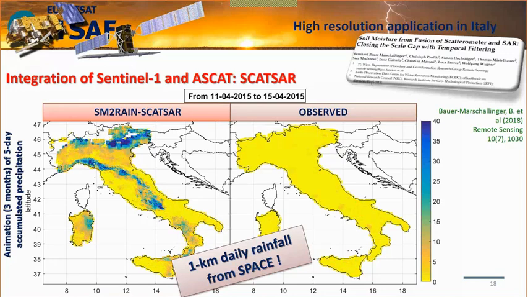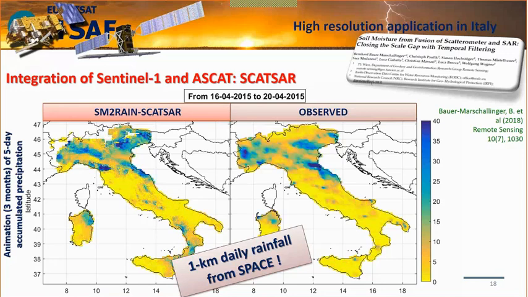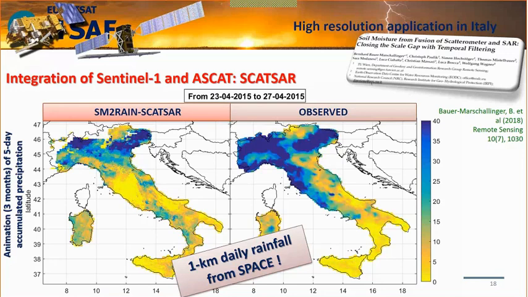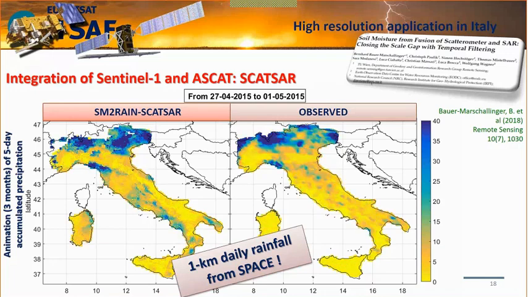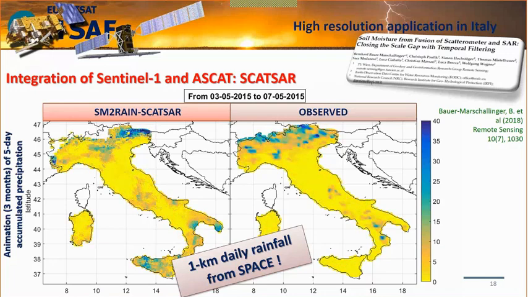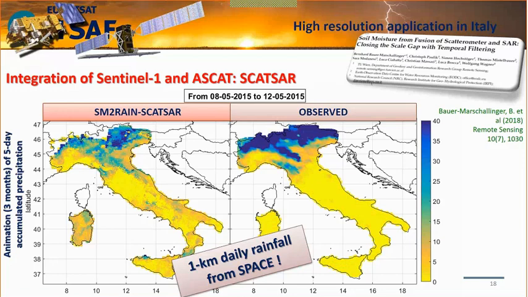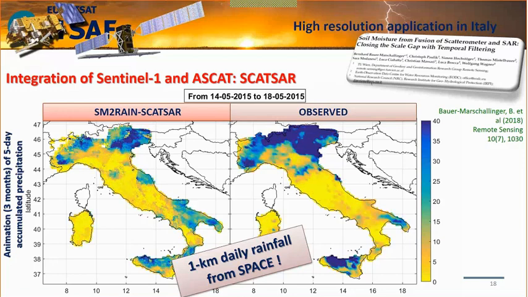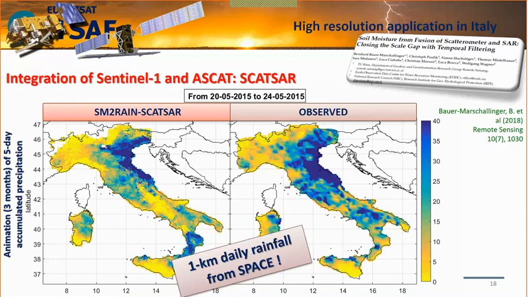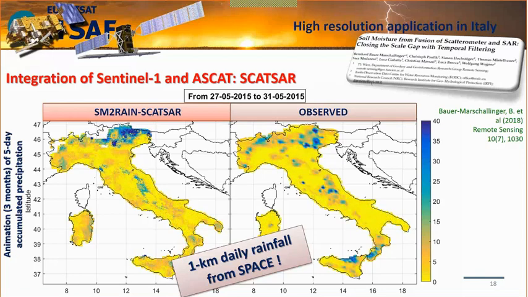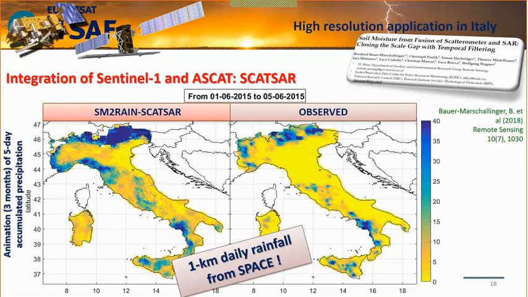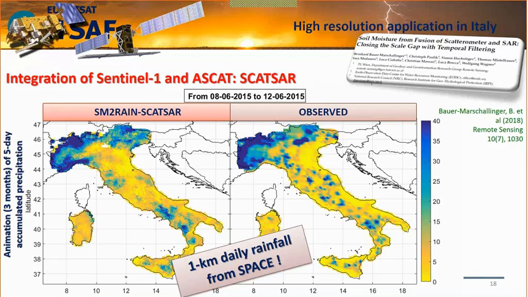Then we also tested the capabilities of satellite rainfall data to be used in forecast models characterized by very high spatial resolution. To do this, we took advantage of a new soil moisture dataset obtained by integrating the Sentinel-1 and ASCAT soil moisture data, which is called SCATSAR.